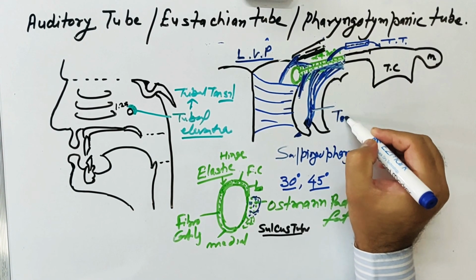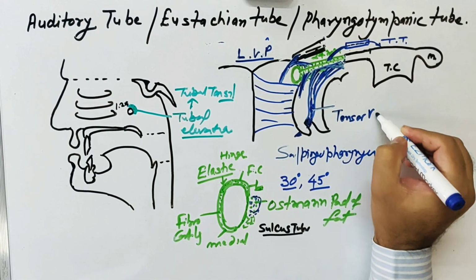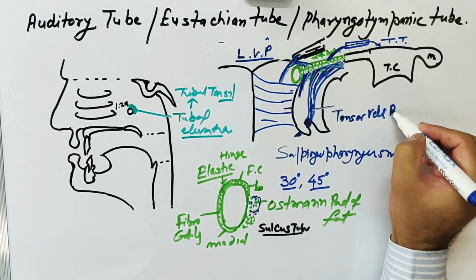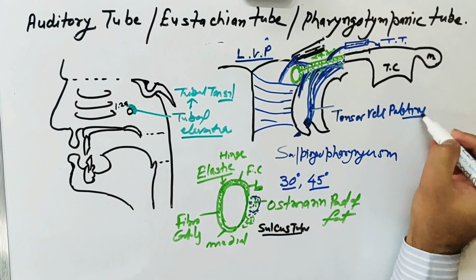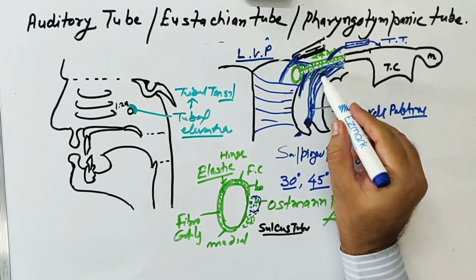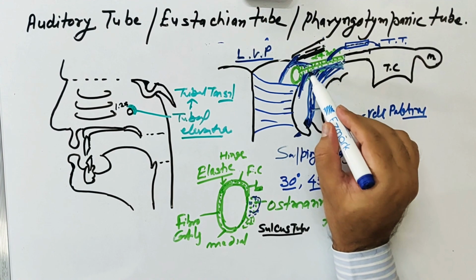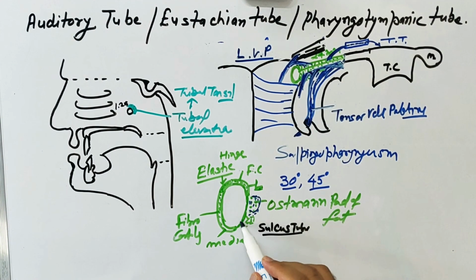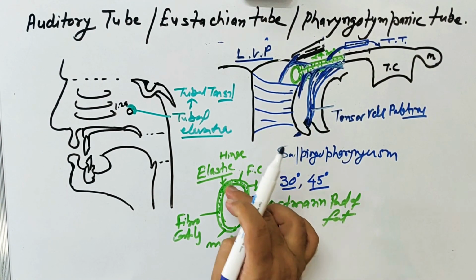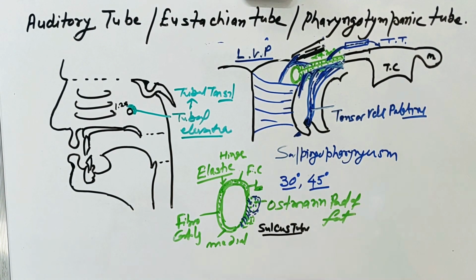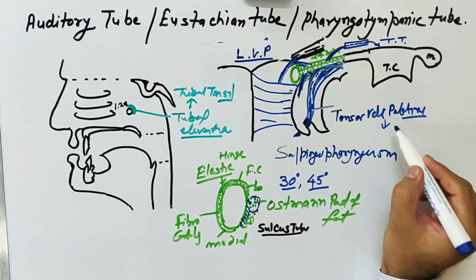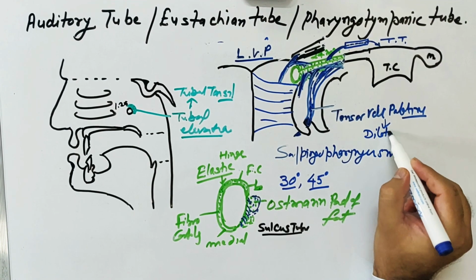This muscle, when it contracts, it dilates this. It attaches here and it dilates this auditory tube. That's why it is known as dilator tubae.